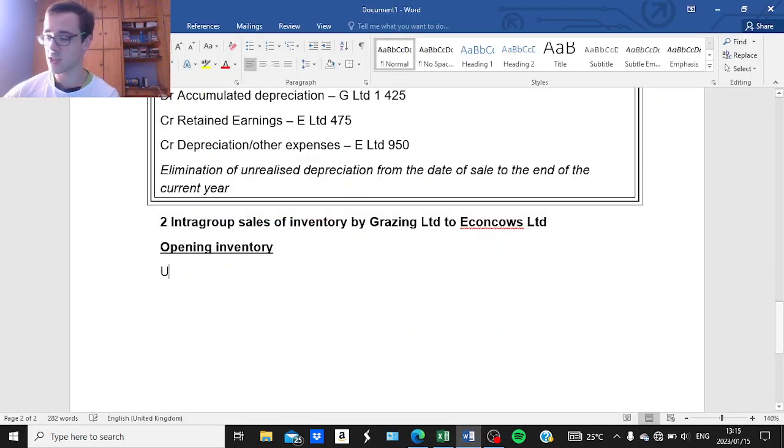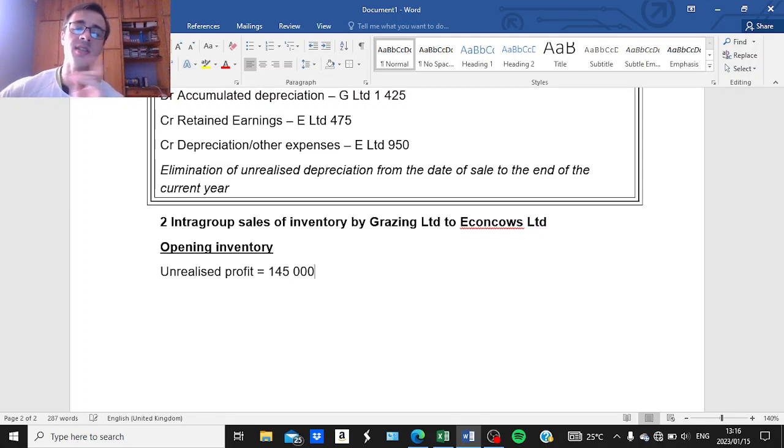So the unrealized profit that is included in Econ Cows Limited's opening inventory is 145,000 because this is the value that includes unrealized profit. All right, and we will multiply this by 25 over 125, which will give you 29,000.